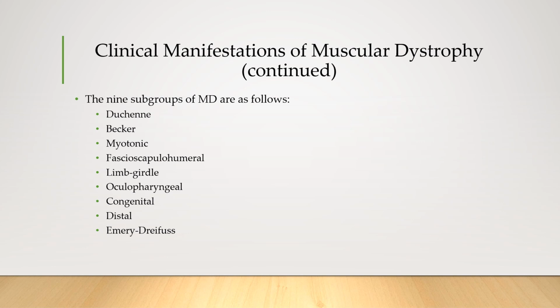The 9 subgroups are as follows: Duchenne, Becker, myotonic, facioscapulohumeral, limb girdle, oculopharyngeal, congenital, distal, and Emery-Dreifuss.